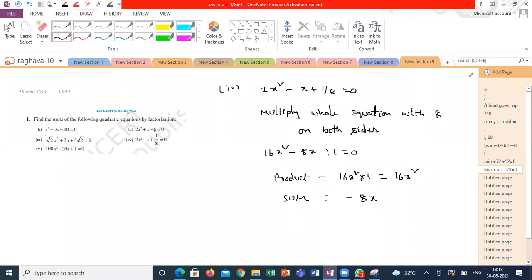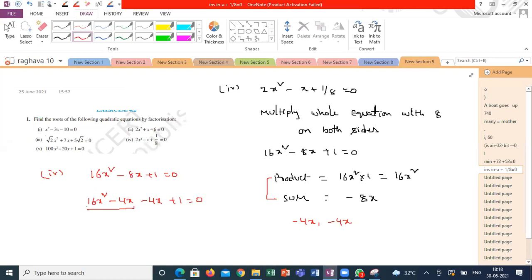So the possible combination is only one combination. Always you will get only one combination to satisfy the two conditions, that is minus 4x comma minus 4x. So the fourth question, 16x square minus 8x plus 1 is equal to 0, can be written as 16x square minus 4x minus 4x plus 1 is equal to 0.